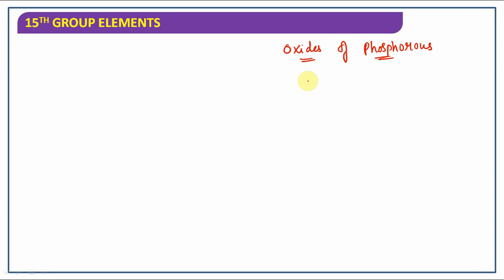Very important oxides are trioxides and pentoxides. P2O3 dimeric form is P4O6, P2O5 dimeric form is P4O10. It is phosphorus trioxide and it is phosphorus pentoxide. Understood the point? So let's talk about the first one, that is P4O6.